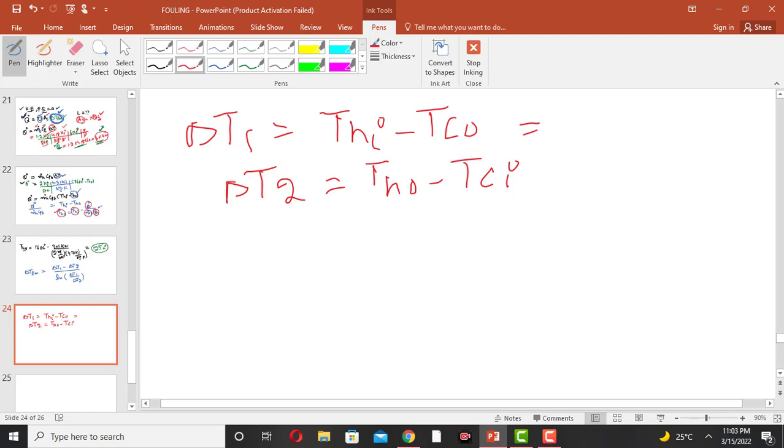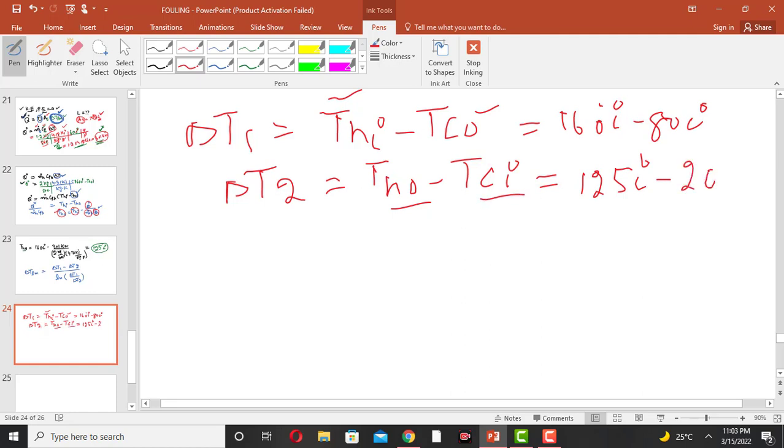From this, the hot fluid inlet temperature is 160 degrees centigrade, and the cold fluid outlet temperature is 80 degrees centigrade. Similarly, the hot fluid outlet temperature is 125 degrees centigrade, and the cold fluid inlet temperature is 20 degrees centigrade.